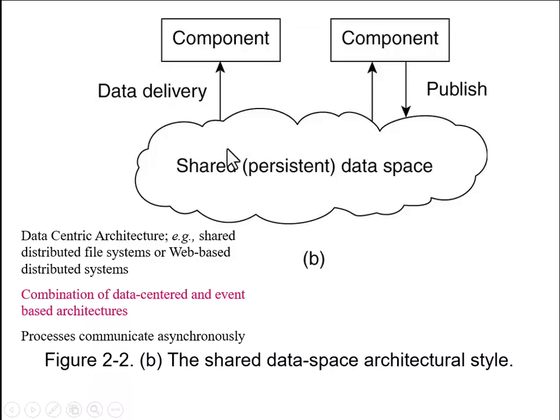But in the hybrid architecture, which is based on the combination of data-centered and event-based, an event can be created by one of the components, and then another component, if it is subscribed, can see it.